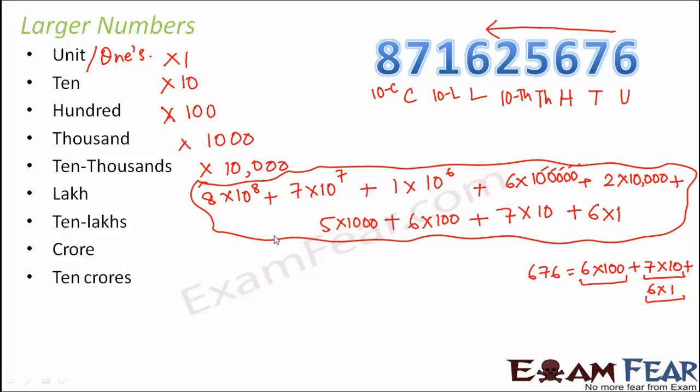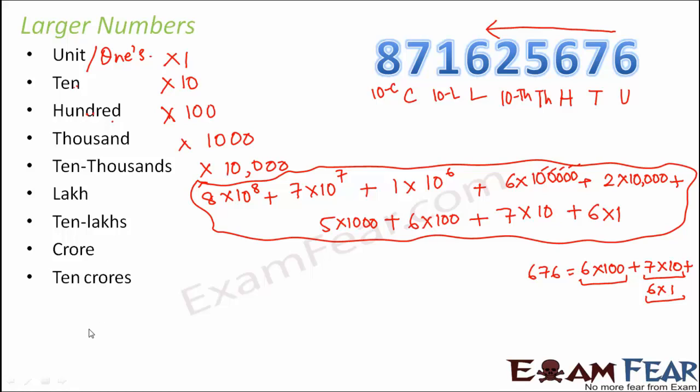Now from this, we also see that there exists a relation between the digit at the tens place, the digit at the hundreds place, thousands place, and so on. So basically 1 ten is equal to 10 units, 1 hundred is equal to 10 tens. So that's how the relation is.